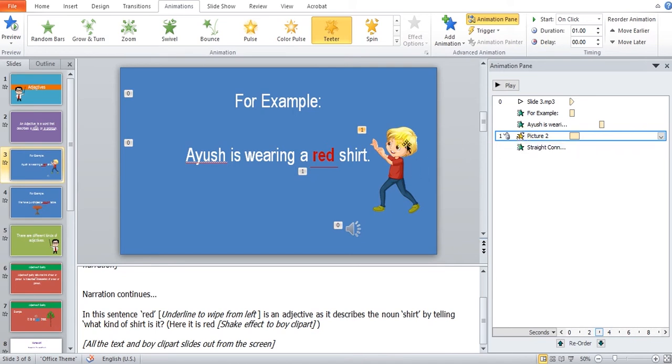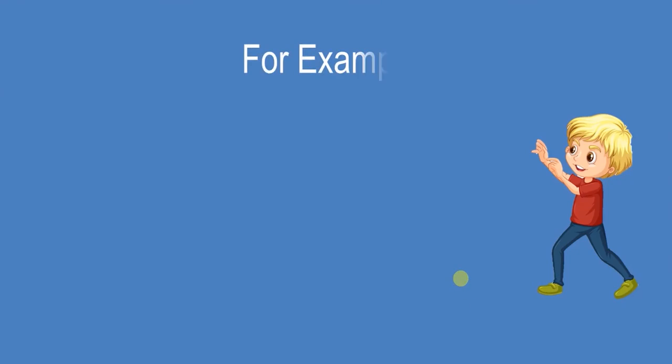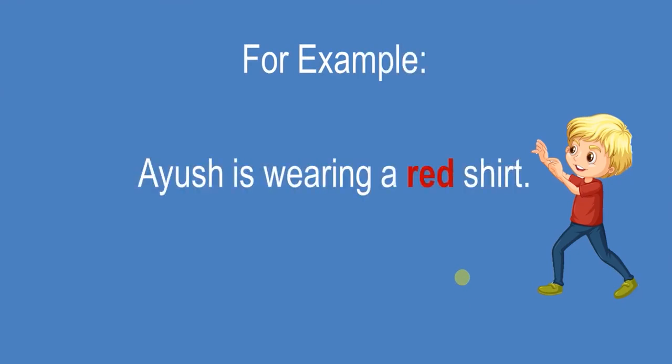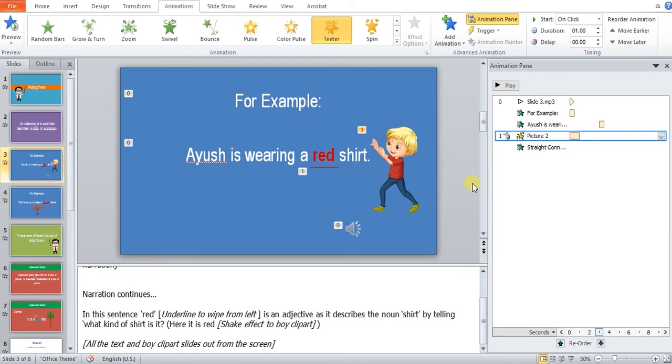When you give a click, it is happening. That is not what we want. We want to keep our previous animation, and we need to include an additional animation to the boy. So let us press Ctrl Z so that it goes back to what we want.